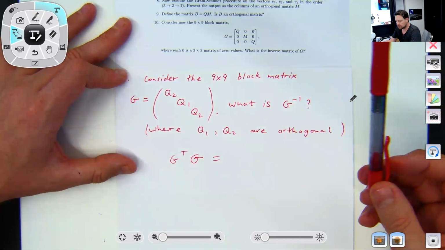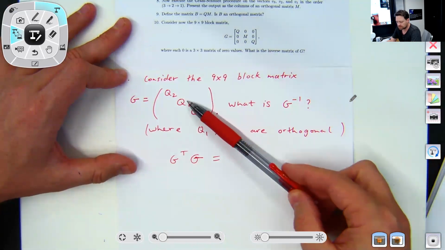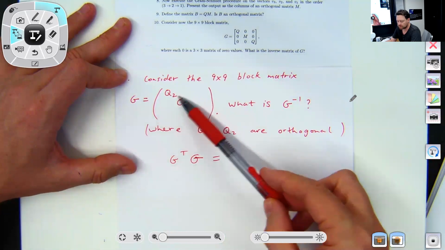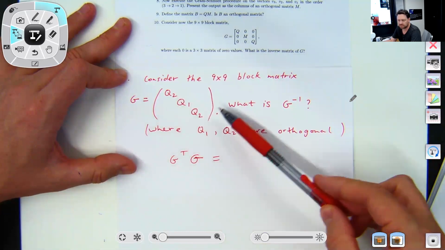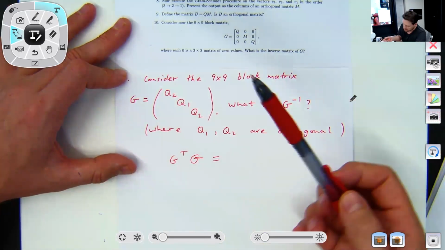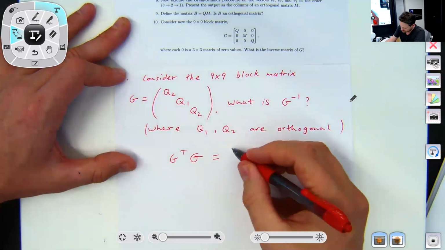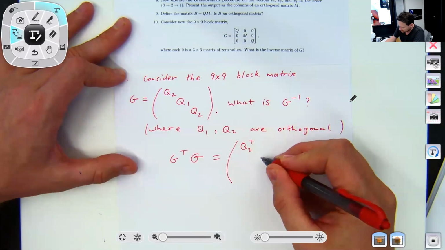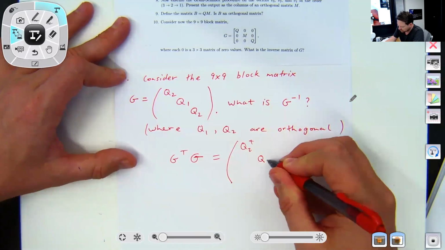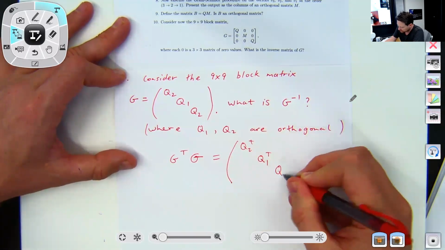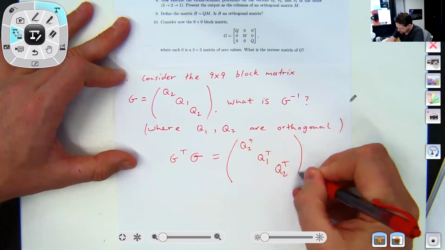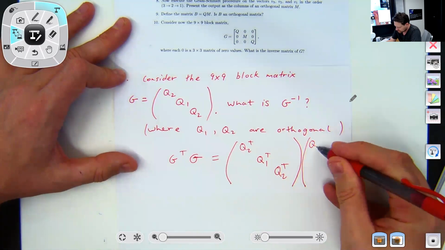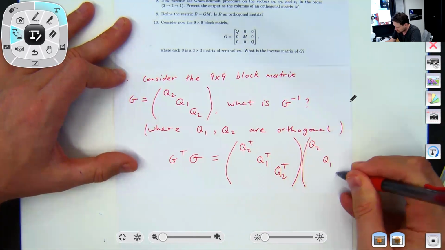But likewise, if you transpose G, you're just transposing the blocks along that diagonal of block matrices. Okay, so G transpose then is Q2 transpose followed by next in the diagonal Q1 transpose followed by Q2 transpose. And then we just have Q2, Q1, and Q2.